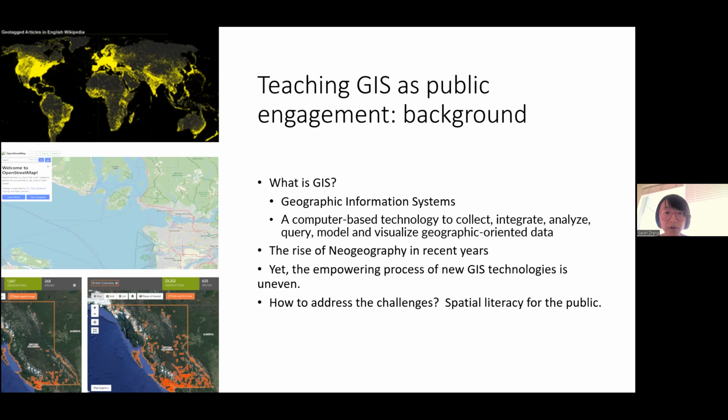However, it is important to remember that this empowering process of new GIS technologies is uneven and limited to people who are already technically literate. So to address the opportunities and challenges brought by neo-geography, spatial literacy and GIS education for the public will be the key.